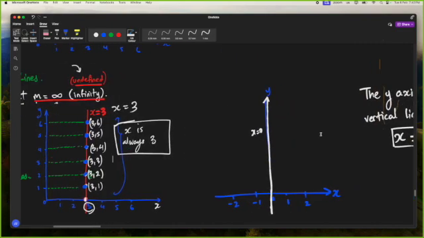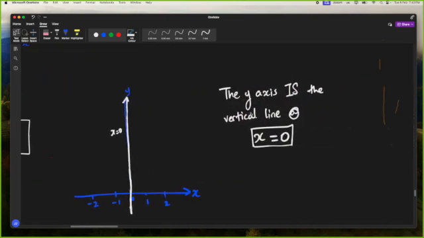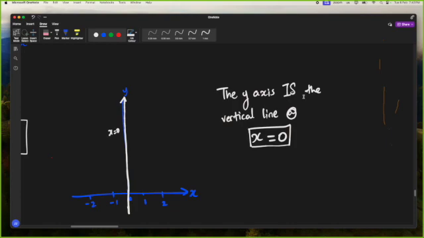I'll just come on this side. Oh yeah, look, I already have it here. The y-axis is the vertical line x is equal to 0. So you see, this y-axis is a vertical line. No matter what point I put on this line, this point here is 0 on the x, 1 on the y.